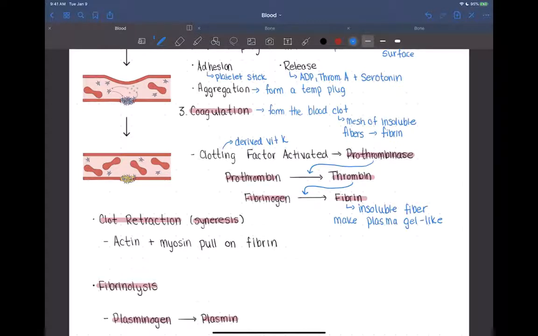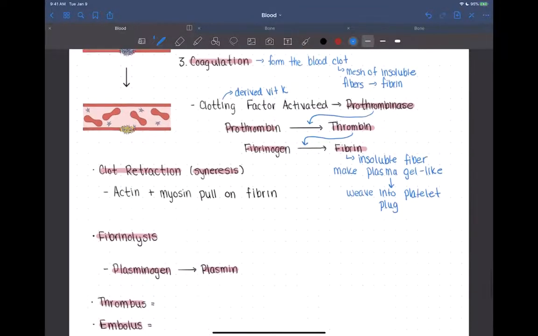The fibrin polymerizes and then interweaves, so all those activated fibrin are going to weave into the platelet plug.